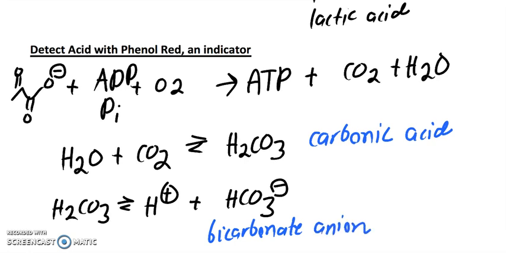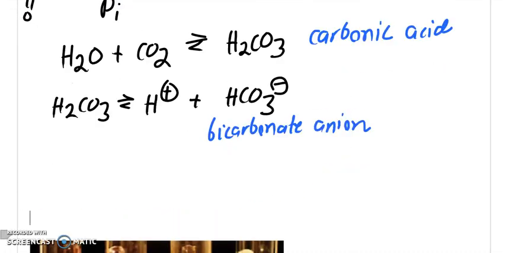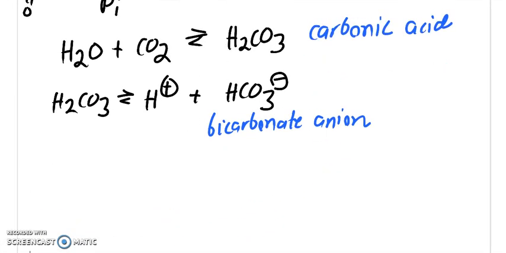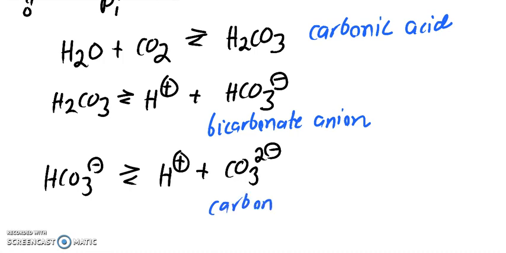And this H2CO3, or carbonic acid, is known as a diprotic acid because it can give up a second proton. And that's what I'm going to draw right here. It gave up its second proton, and we are left with this. And we can call this the carbonate anion.